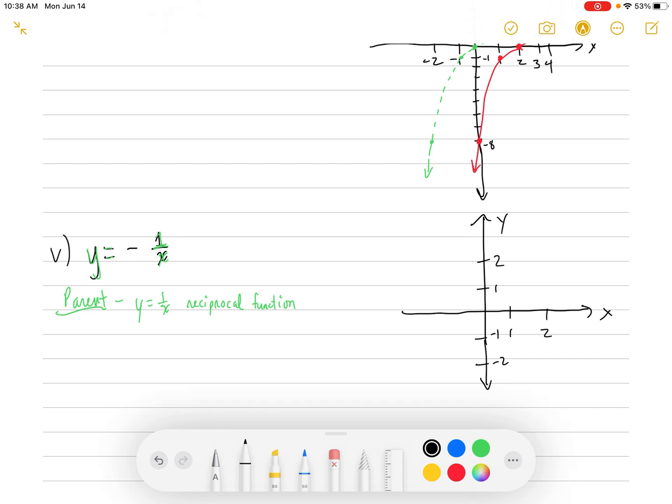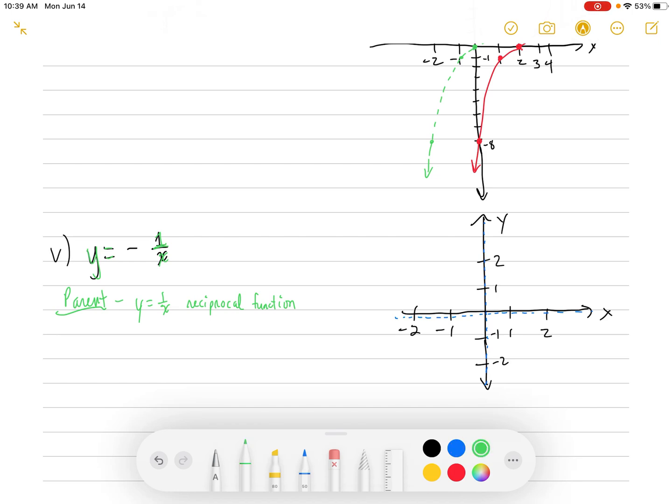X-axis, y-axis. 1, 2, negative 1, negative 2, and then 1, 2, negative 1, negative 2. Now, if you remember, this one has what's called a vertical asymptote here along the y-axis, and has a horizontal asymptote here at the x-axis.